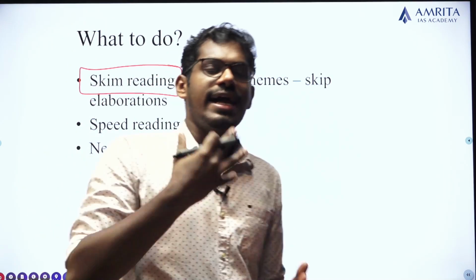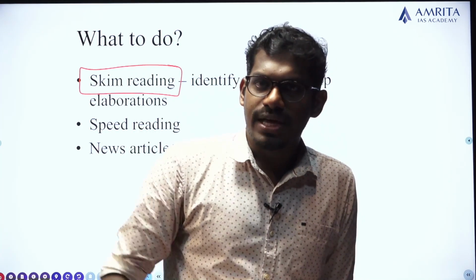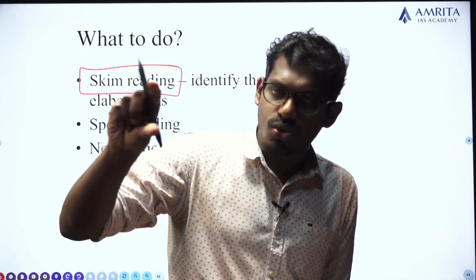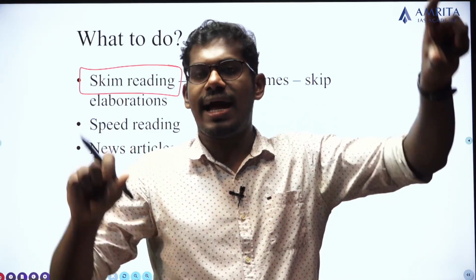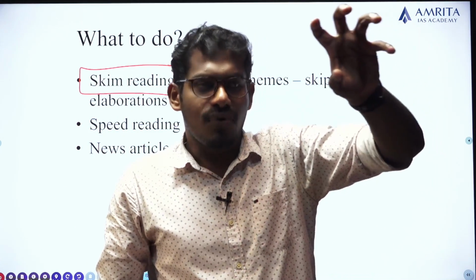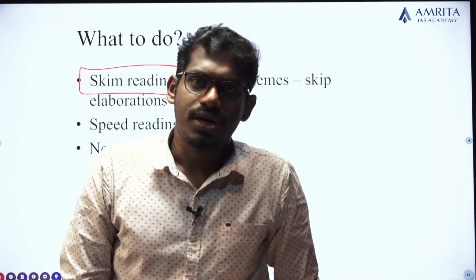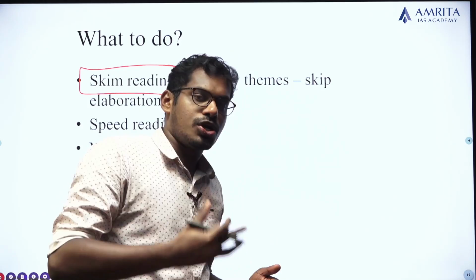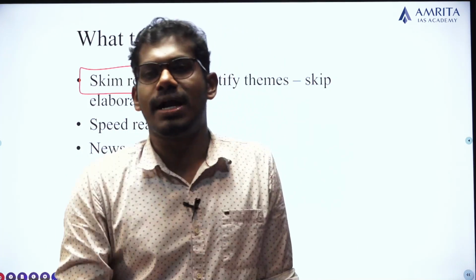You need not read the entire passage, or understand the entire idea. If you have a confusion regarding 2 statements or 2 ideas, you have to focus only on that idea in the passage, leaving the other sections behind. Such skim reading or quick reading or selective reading is what UPSC is actually demanding.